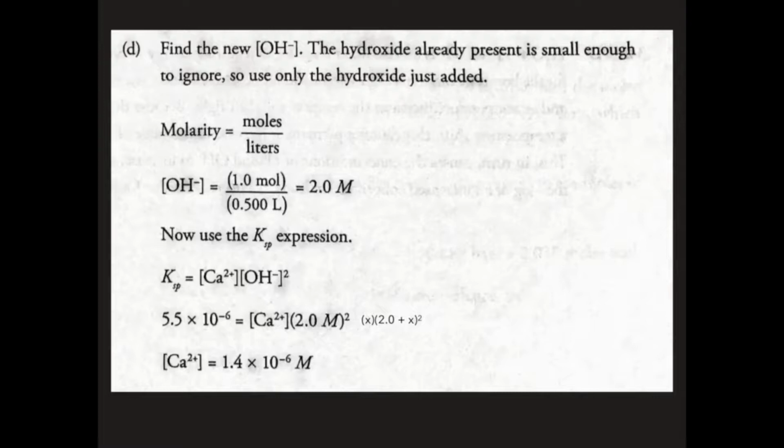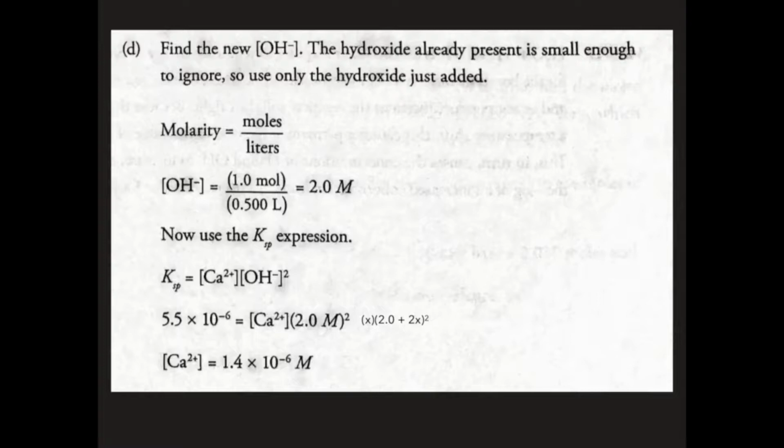I'm calculating Ca2 plus. So I actually disagree with what they wrote. So I agree at the beginning. It's KSP equals your calcium ions, so X or Ca2 plus, times what you added, which is your 2 molar, plus 2X, because you added 2 molar to the 2X, and you're going to square that whole thing because you need to square it for your expression.